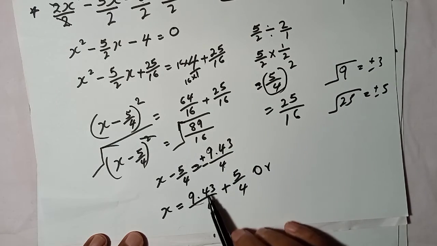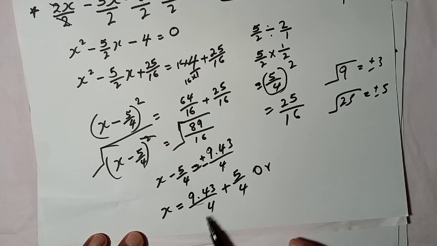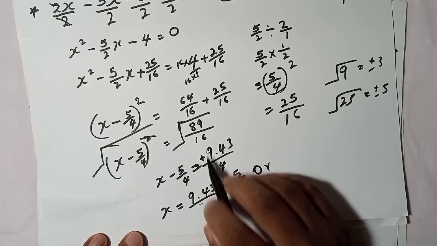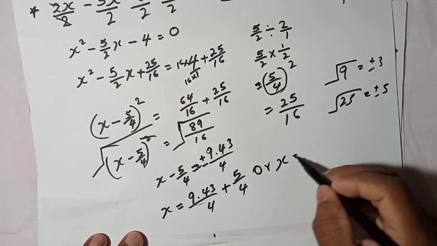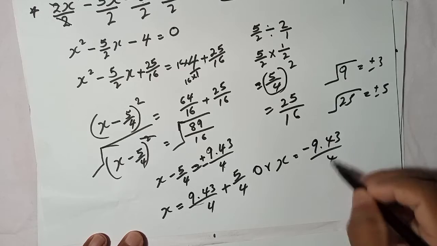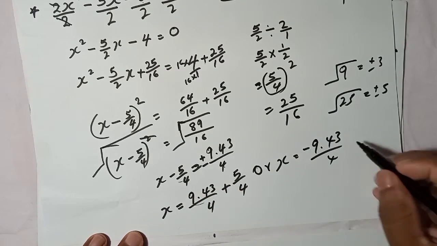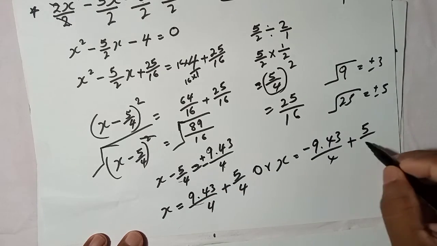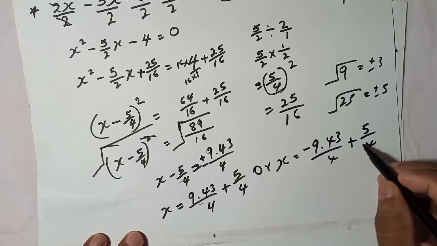I wrote the plus value first and I brought this value to this side. I did those two things together. Now again I will get the minus value of this, then again x equals minus 9.43 over 4. When I bring this value to this side, it will become plus 5 over 4.